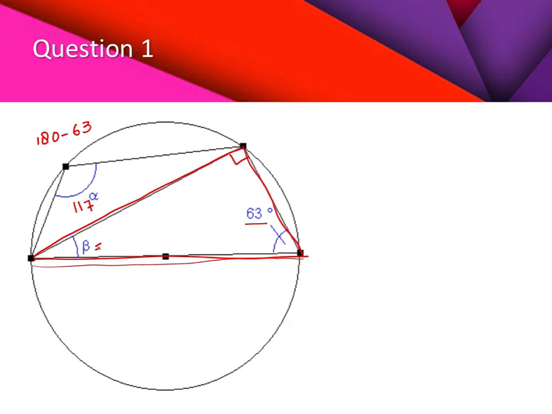So angle beta is equal to 27. Okay, so angle alpha is equal to 117 and angle beta is equal to 27. And the reason for alpha is cyclic quadrilateral and for beta the reason is the sum of the three angles of a triangle is equal to 180 degrees.